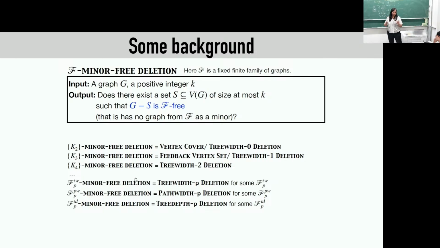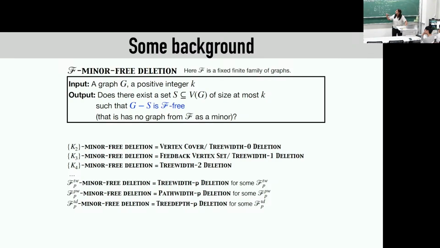The point being that as you change this number 0, 1, 2, and so on, the family F changes with this number. So the problem of deleting at most k vertices to get to tree width 0 graphs is a different F minor free deletion problem, and the problem of deleting at most k vertices to get to a graph of tree width 1 is a different F minor free deletion problem, as you can see here.